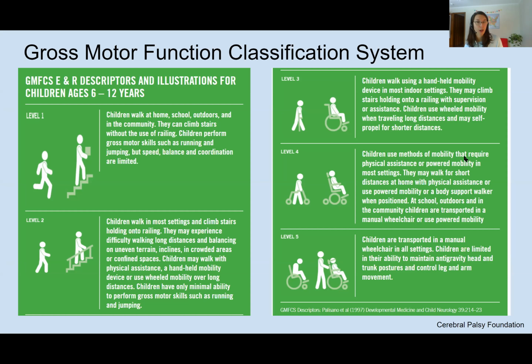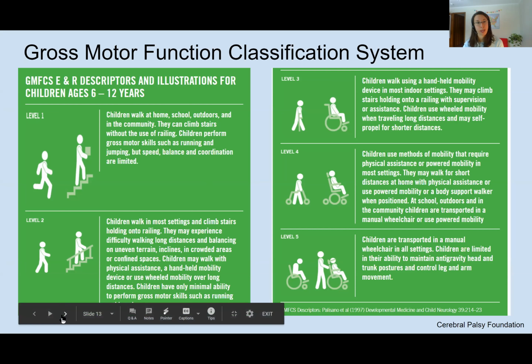I followed a blog of a girl who used a walking frame most of the time, but if she had to go long distances, she would use a wheelchair that she could power herself. And then at level 5, you have a wheelchair that has to be moved by someone else or electronically powered because movement is so much impaired.